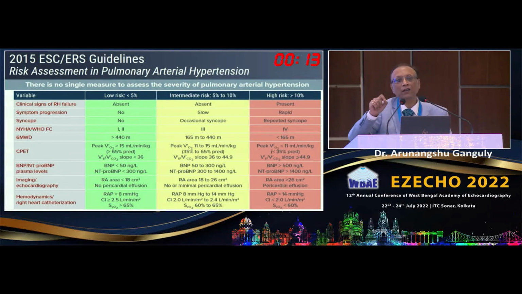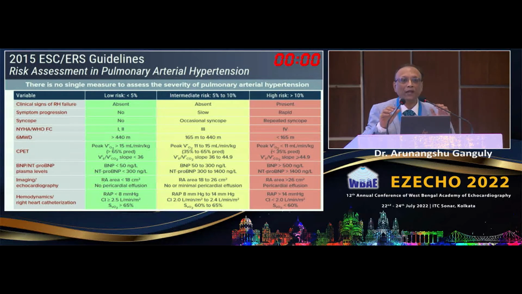Presence of pericardial effusion due to PAH is a bad prognostic factor. And in hemodynamics, you have RA pressure and the other values I was just talking about before. So they constitute the high risk group. And the low risk group is based on all the criteria together. So this is risk assessment.